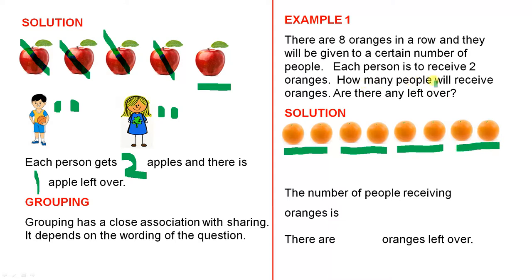So how many people will receive oranges? 1, 2, 3, 4. The number of people receiving oranges is 4. There are no oranges left over. So you can see that there are 4 separate groups.